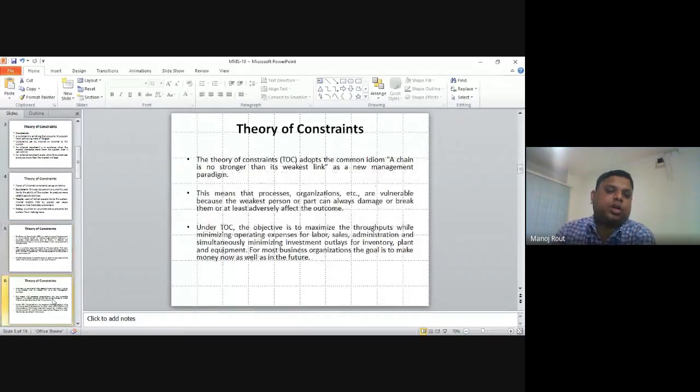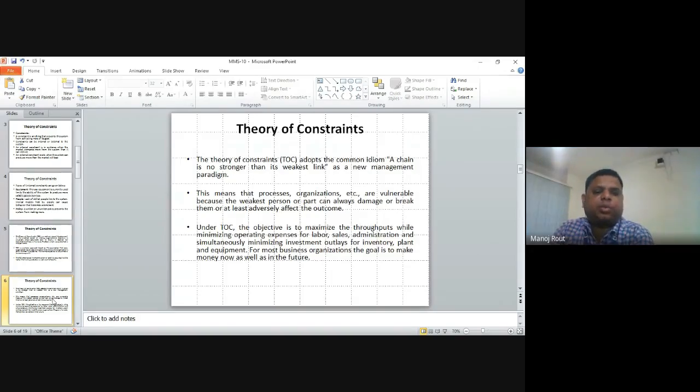In the theory of constraints, it adopts a common idealism: a chain is no stronger than its weakest link. As I told you, in that particular book, Eliyahu Goldratt mentioned this common idealism, that the chain is no stronger than its weakest link, as a new management paradigm.